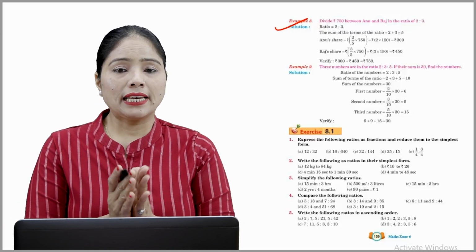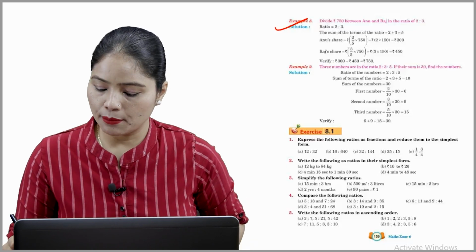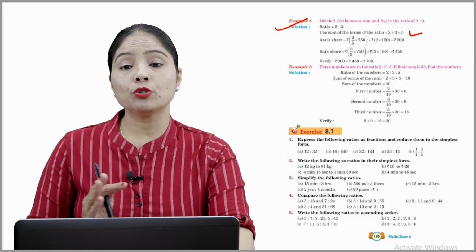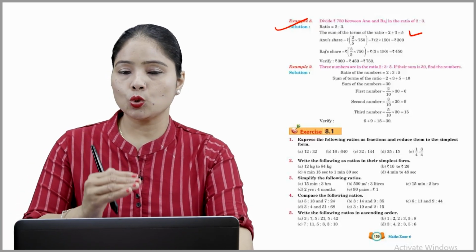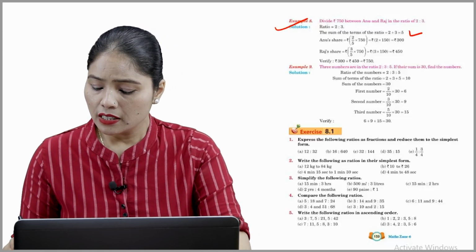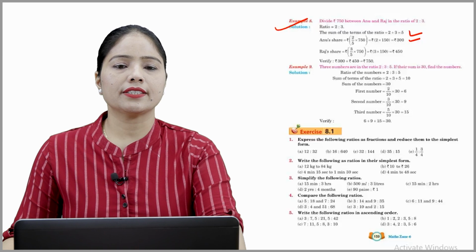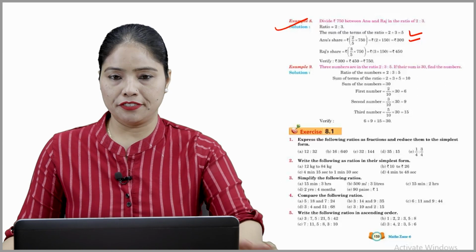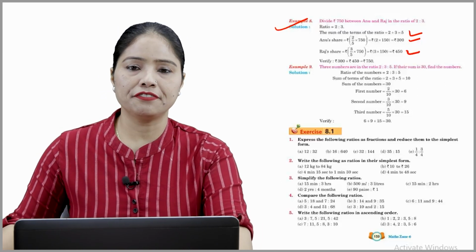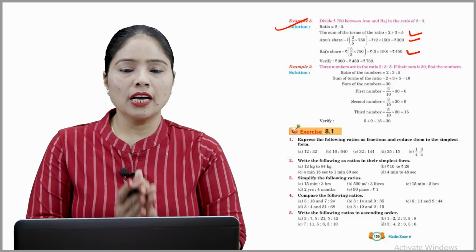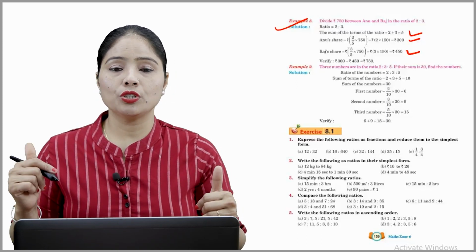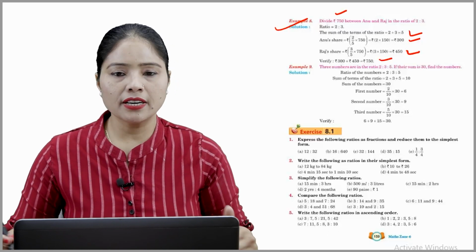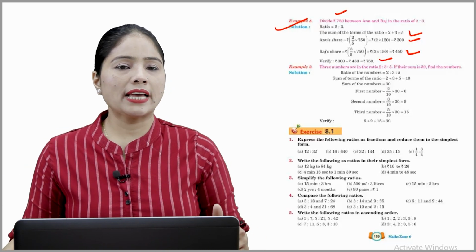So पहले हम क्या करते हैं, रेशियो को प्लस कर दिया, हमारा आंसर आ गया 5। उसके बाद अनू का जो शेयर है वो कितना है, 2/5 इंटू 750, आया हमारा आंसर ₹300। राज का शेयर हमारा कितना है, 3/5 इंटू 750, सो 450। वेरीफाई करेंगे, 300 प्लस 450, हमारा आंसर आ गया 750, जो सबसे पहले अमाउंट दे रखा था। So this is how we do that kind of sum.